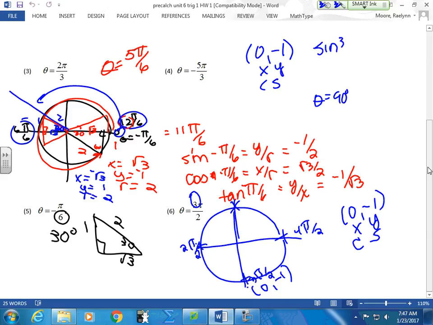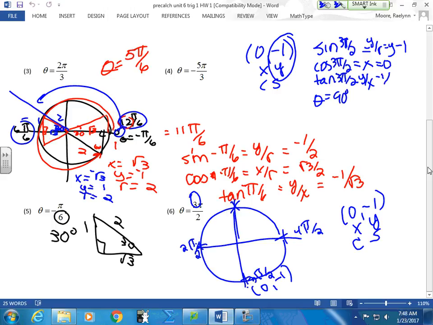So the sine of 3 pi over 2. The sine is y over r. In this case, I'm on a unit circle. All I need is my y. What's my y value? -1. I'm on a unit circle. My cosine is x. What is my cosine? Oh, my tangent is y over x. So -1 over 0. Can I do that?